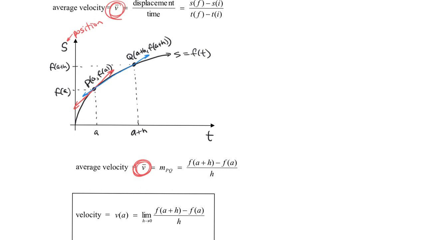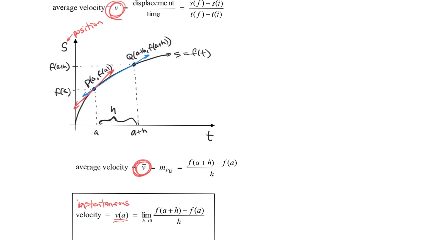So if we want to find the velocity, and when you see velocity without average, this is understood to be instantaneous velocity. So this is the instantaneous velocity, velocity at time A, and now we're going to take the limit as h approaches 0. So again, this gap here is h.